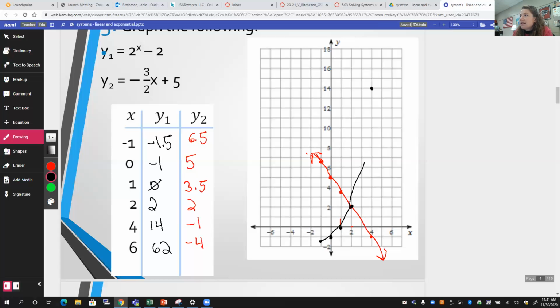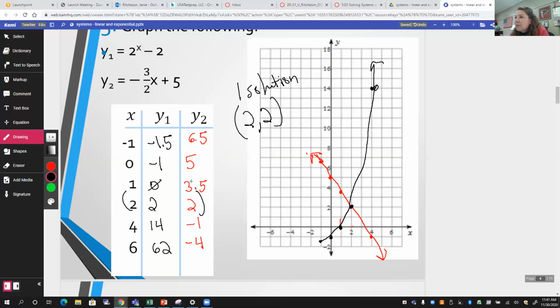All right, so something like that. Oh, I missed it. All right, so we see that our lines intersect. So that means there is one solution. And what is the solution? I can see it right there. The solution is 2, 2. One solution, and that solution is 2, 2.